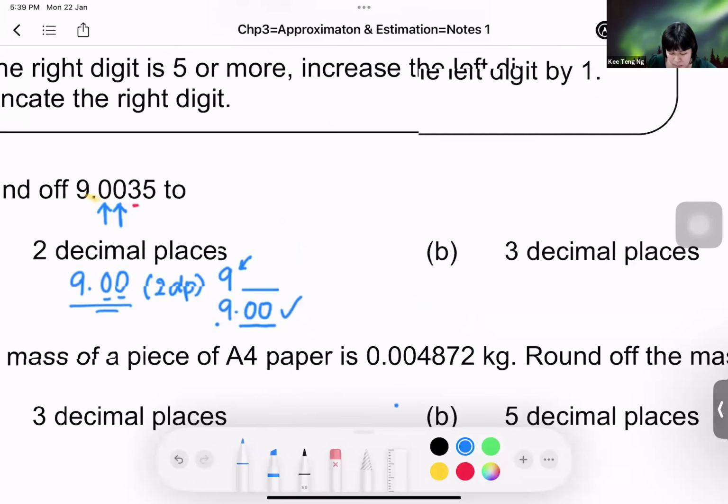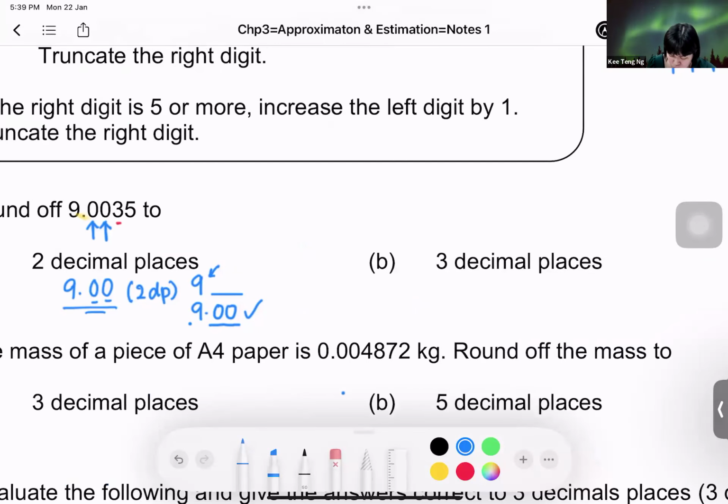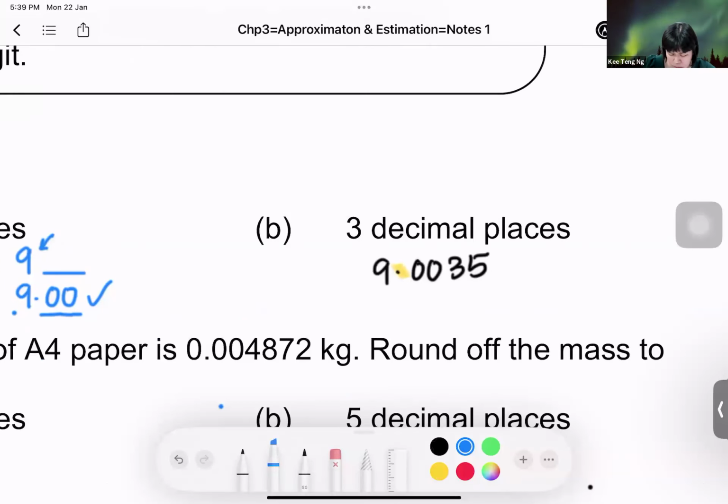Let's try the same number but rounding it off to 3 decimal places. 9.0035. Where is my decimal? This is my decimal. And let's look at our first decimal place, which is this one. First decimal place is the 0. Second decimal place and the third decimal place.